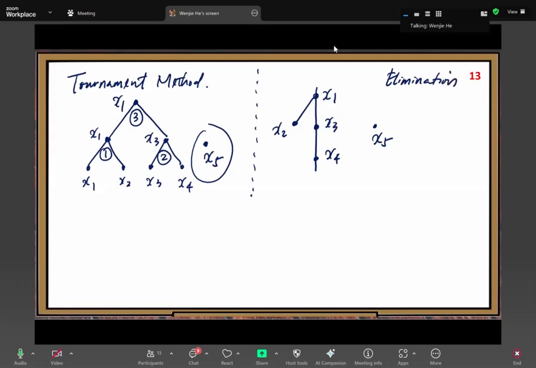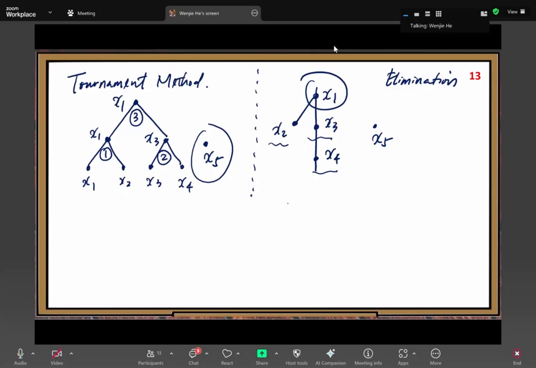Which element can be eliminated? One of the questions in our homework assignment 1, there is one multiple choice question. Because X1 is greater than 3 elements, X2, X3, X4. And the median, we know, is the third largest, third smallest, right?